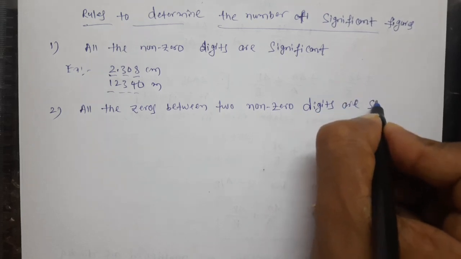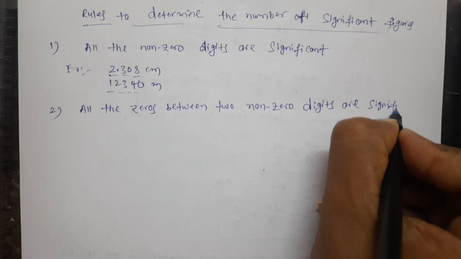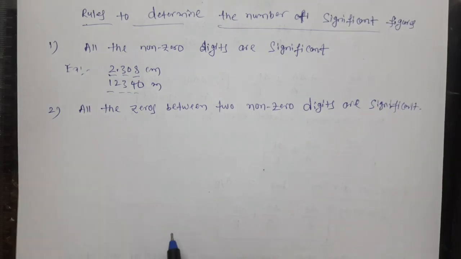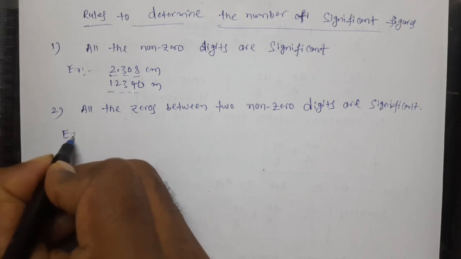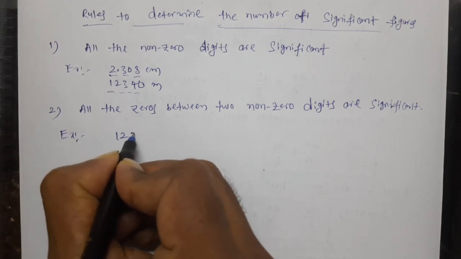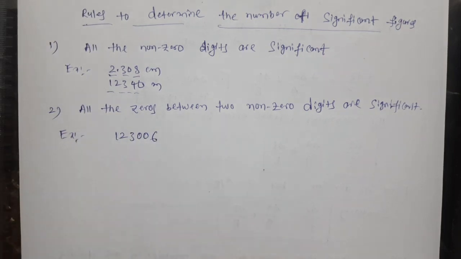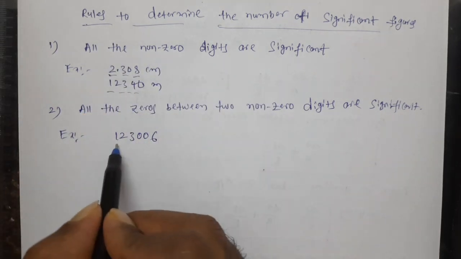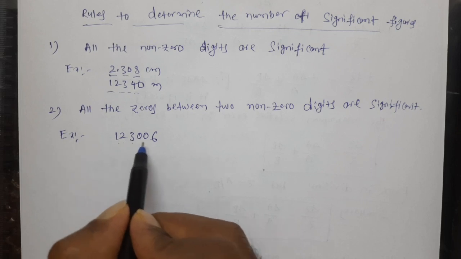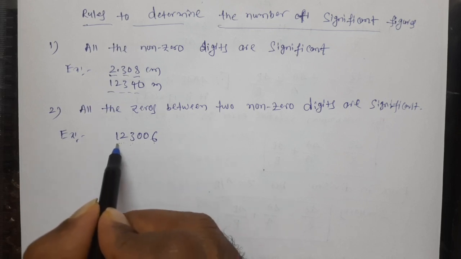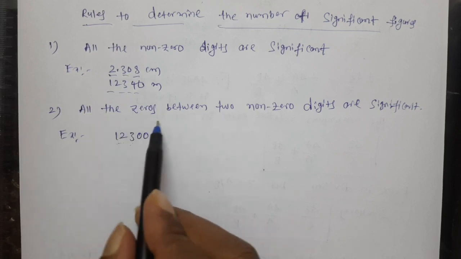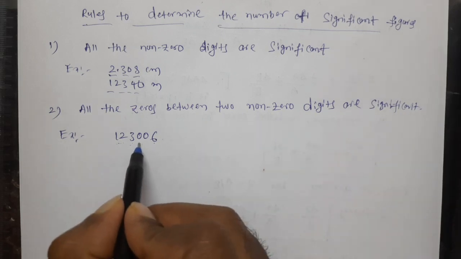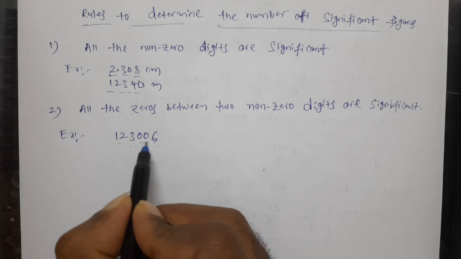Example, 123006. According to the first rule, all the non-zero digits are significant. So how many are there? 1, 2, 3, 4. These 4 are non-zero digits, so they are significant. And all the zeros between two non-zero digits are significant, so these are also significant.